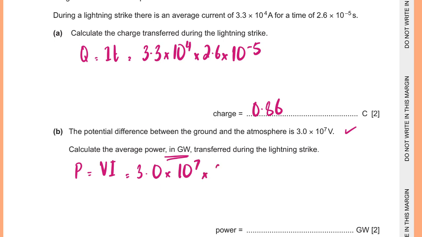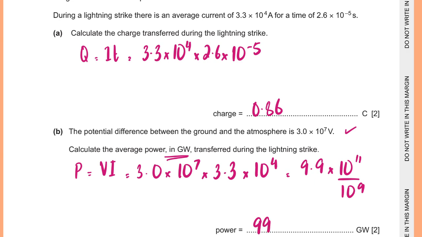Current is 3.3 into 10 to the 4. You just multiply both of these. So that turns out to be 9.9 into 10 to the 11 watts. Giga is 10 to the 9, so you divide this by 10 to the 9 and write this as giga. So that's basically going to leave out 10 to the 2, which is 990 gigawatts.